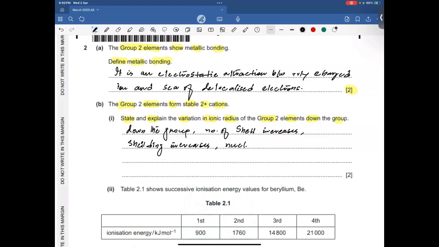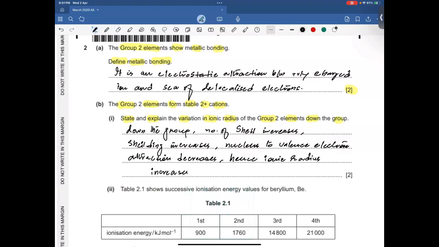Nucleus to valence electron attraction decreases. Hence, ionic radius increases down the group.